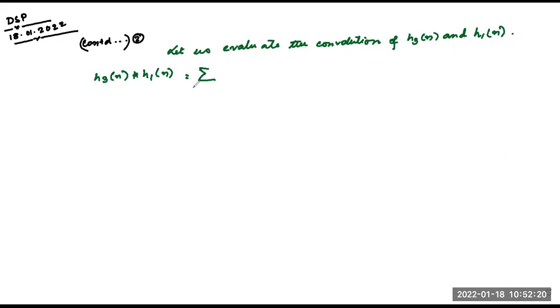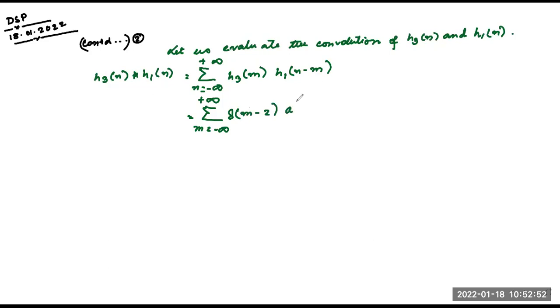that is equal to summation of m equals minus infinity to plus infinity h3(m) into h1(n minus m), that is equal to summation of m equals minus infinity to plus infinity delta(m minus 2) into a to the power n minus m, that is equal to summation m equals minus infinity to plus infinity delta(m minus 2) into a to the power n, a to the power minus m.